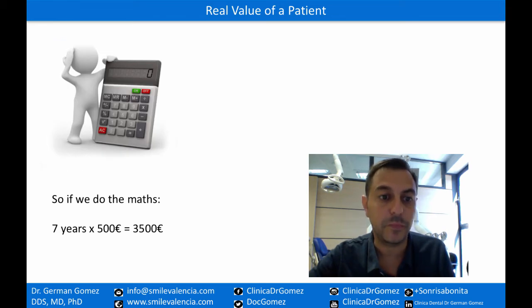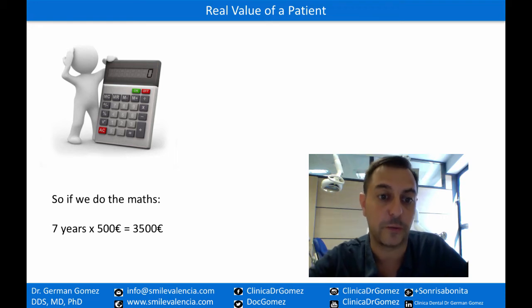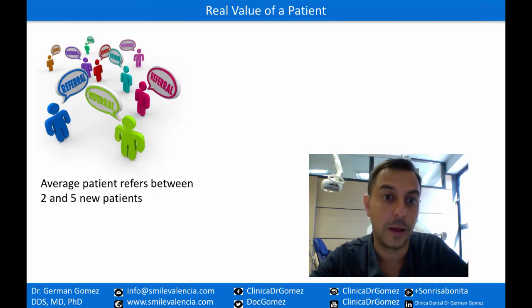Then, if we do the maths, 7 years an active patient, 500 euros a year would be 3,500 euros for that patient. But it doesn't stop there, because an average patient refers between 2 and 5 new patients.